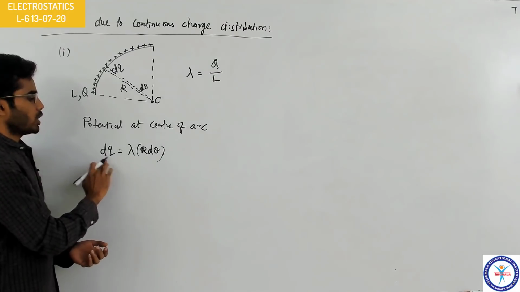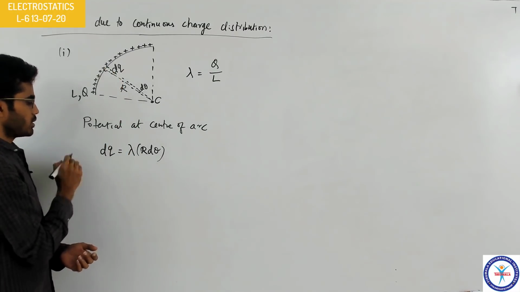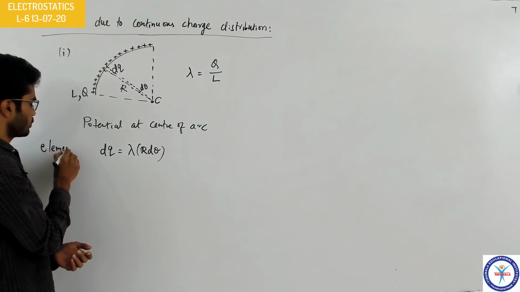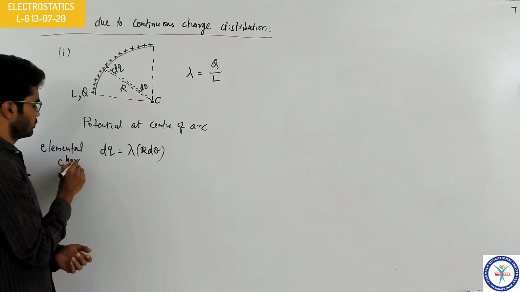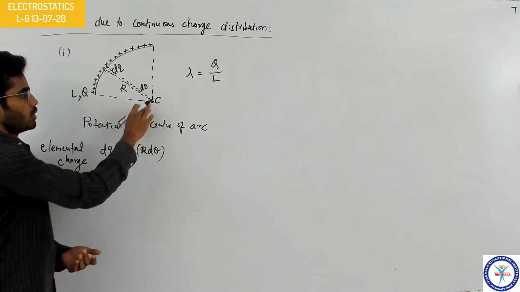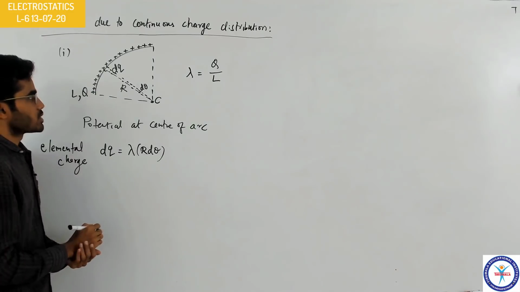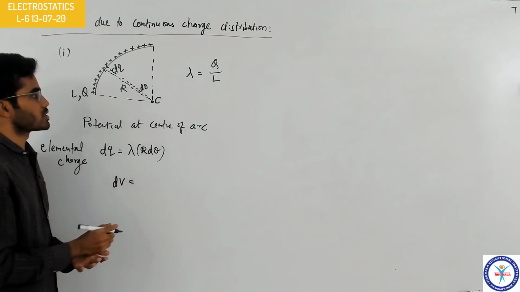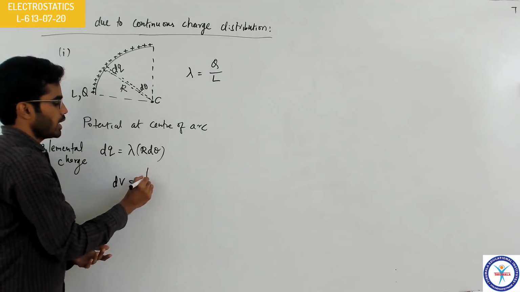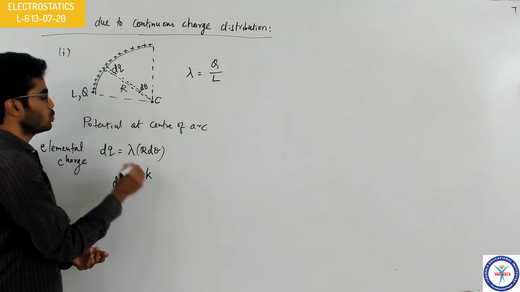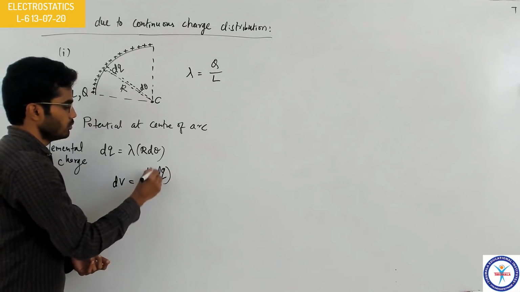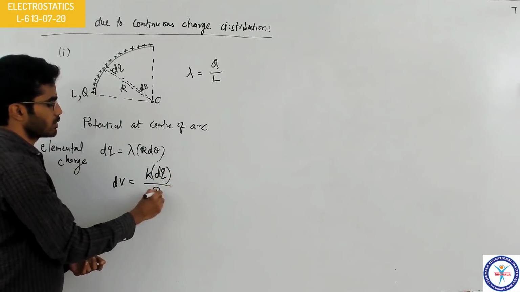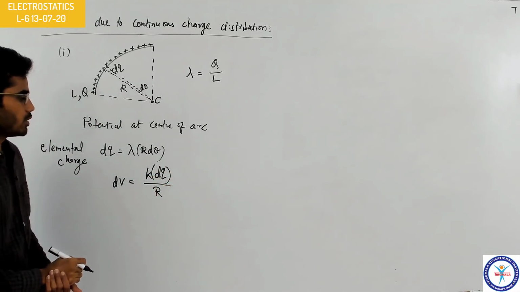So now the potential due to such an elemental charge. The potential at center due to elemental charge, dV, the small potential, is kdq by r, where r is the distance, right?